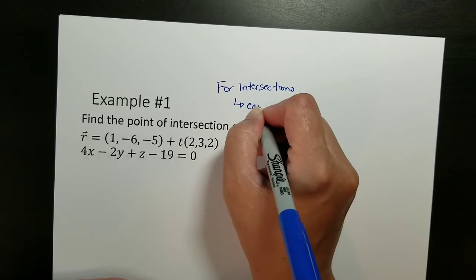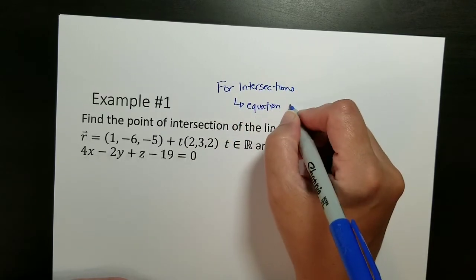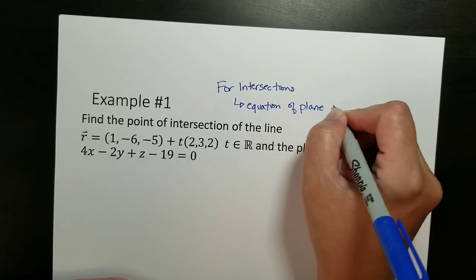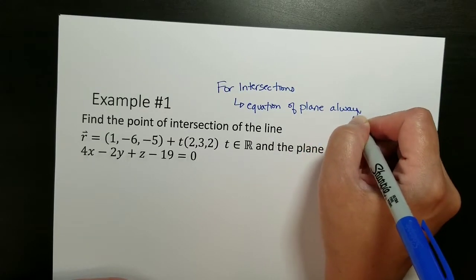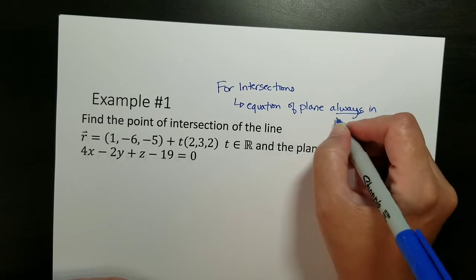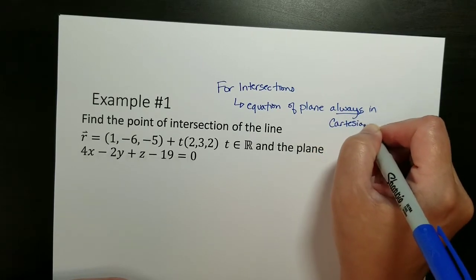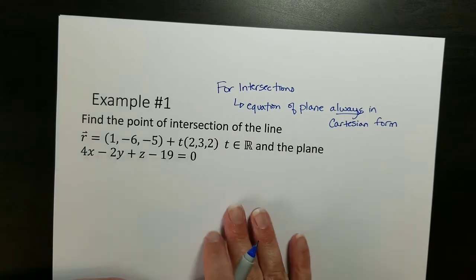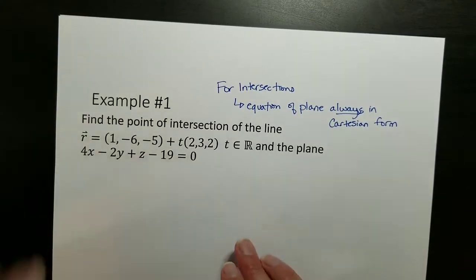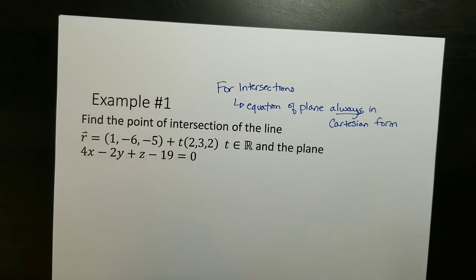I've got the equations of the plane always in Cartesian form in these examples, but you could be given a question where it wasn't. You would then have to convert that vector or parametric equation of a plane into a Cartesian equation, by doing the cross product and finding the d value before you went ahead with the intersection.